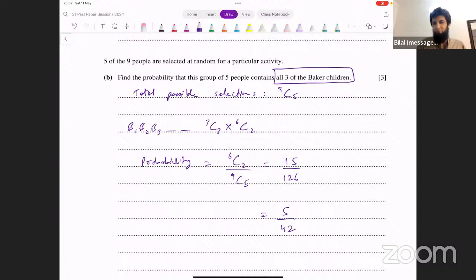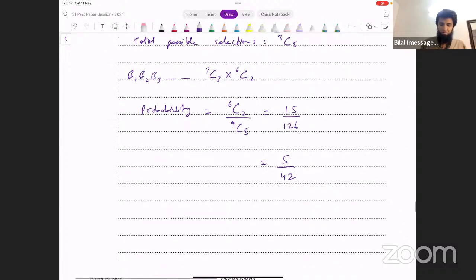Okay? What if it had said 2 Baker children? Then what you have to do is, you have 2 Baker children. You would do 3C2 for that. Select 2 Baker children. And then you have 3 remaining places. That's 6C3. That will be 3C2 into 6C3.